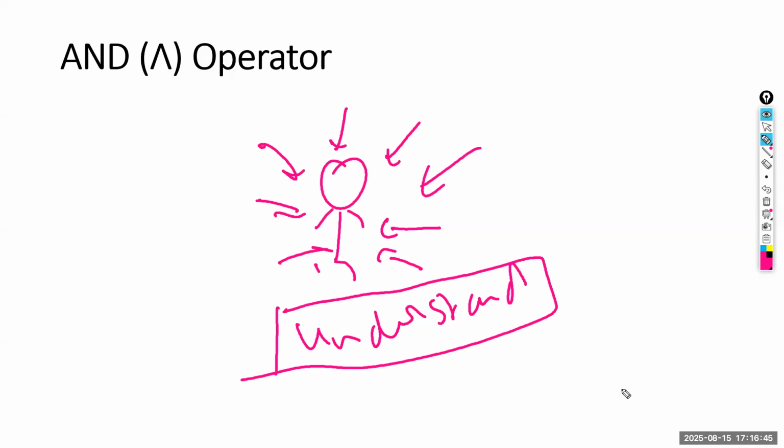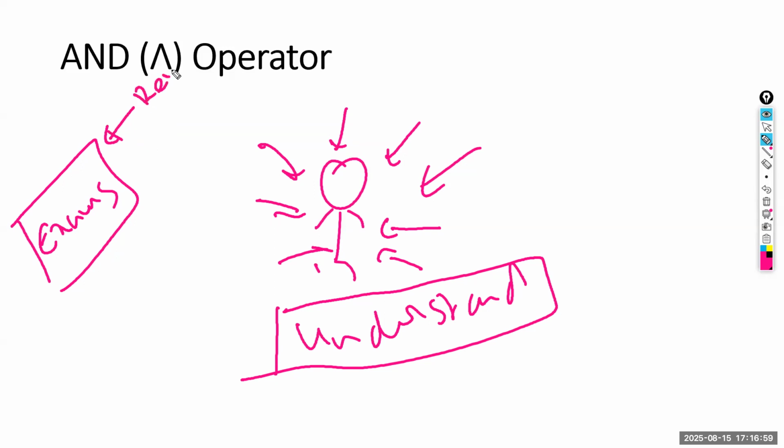Remember, when it comes to exams, there are two words. Of course, there are multiple words, but one is remember. Do you agree that without remembering certain things, you can't go and pass exams?